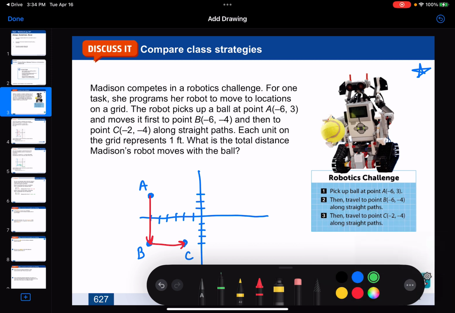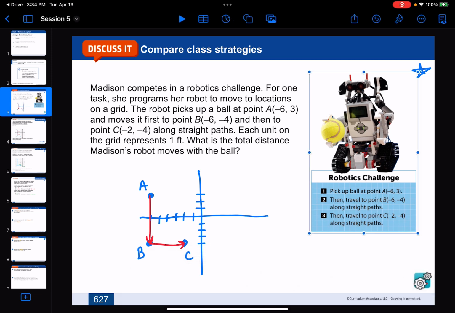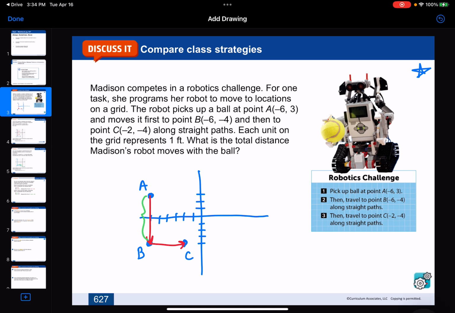The distance from here to here would be 1, 2, 3, 4, 5, 6, 7. And then the distance from here to here would be 1, 2, 3, 4. So the distance traveled would be 7 plus 4, which is 11.